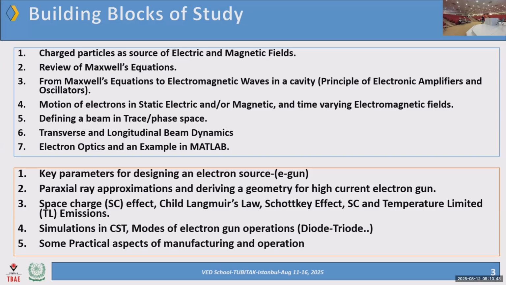This will bring us to a perfect definition, the physicist's definition, of a beam. Then we have transverse and longitudinal beam dynamics through some of these devices. I cannot cover all of this in a very short period of time, so I've given two examples as part of these discussions.